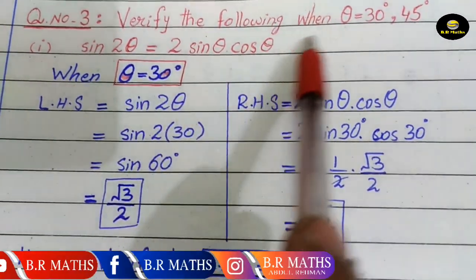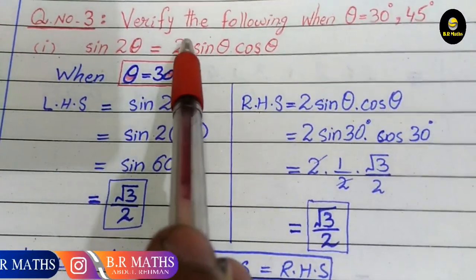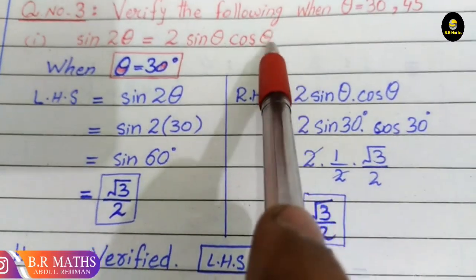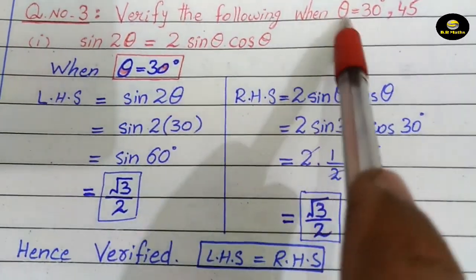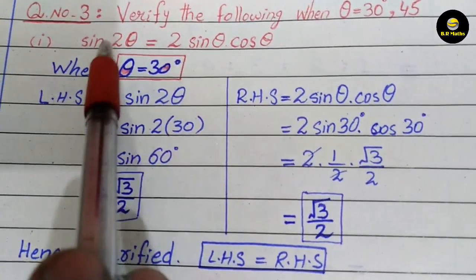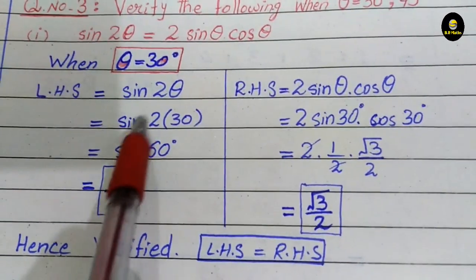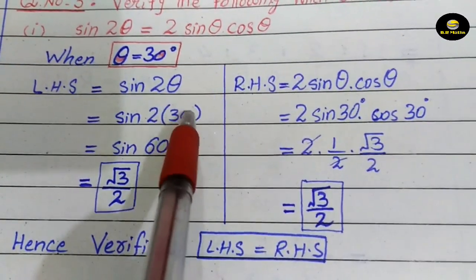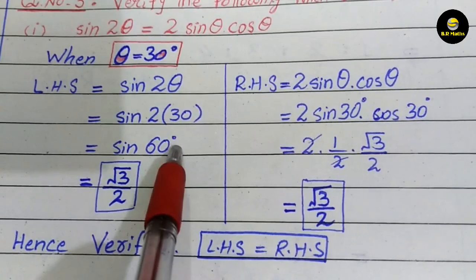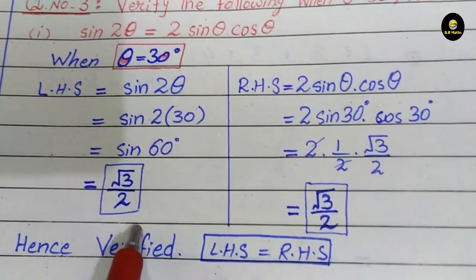And now this identity: sine 2 theta equals 2 sine theta cos theta, and first of all the angle is 30 degrees. Now take the left hand side, sine 2 theta, which means sine of 2 times 30 degrees. 30 multiplied by 2 becomes 60, and the value of sine 60 is square root 3 divided by 2.